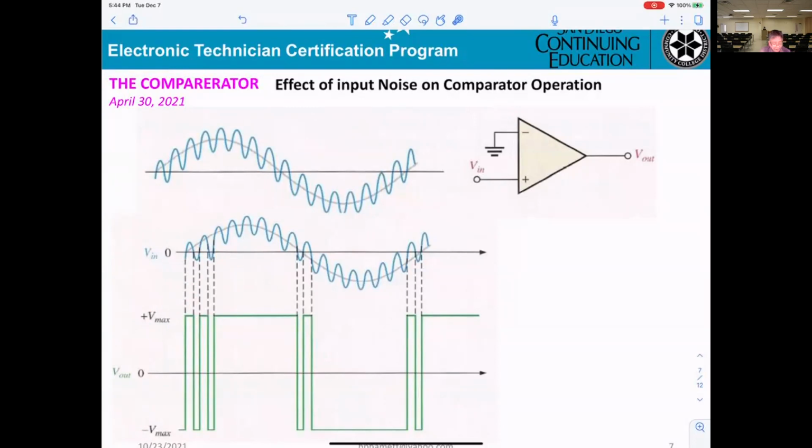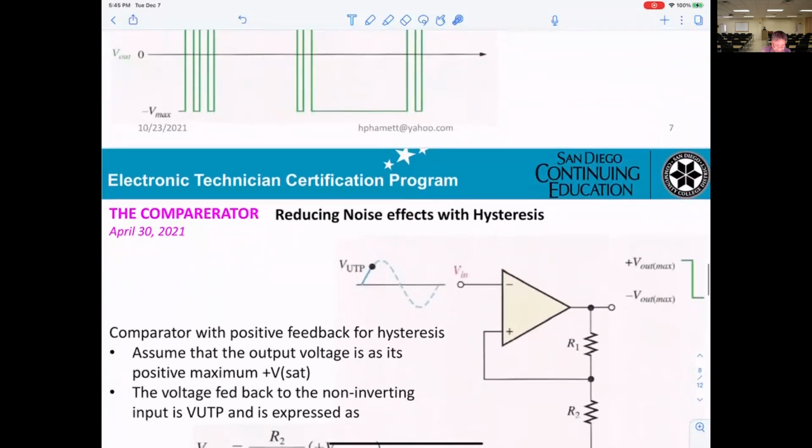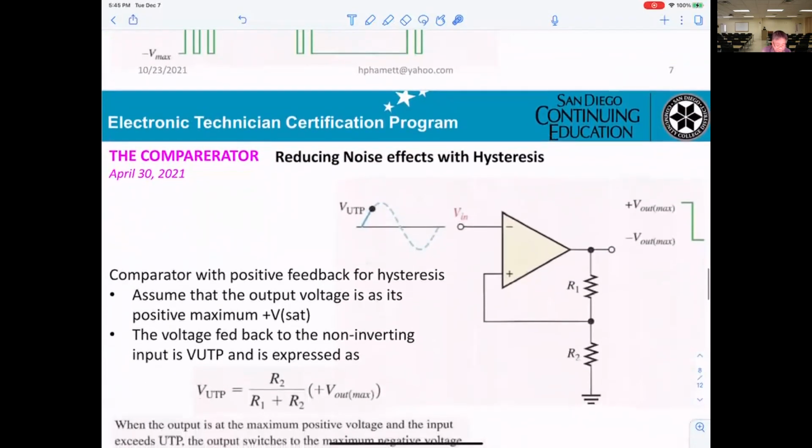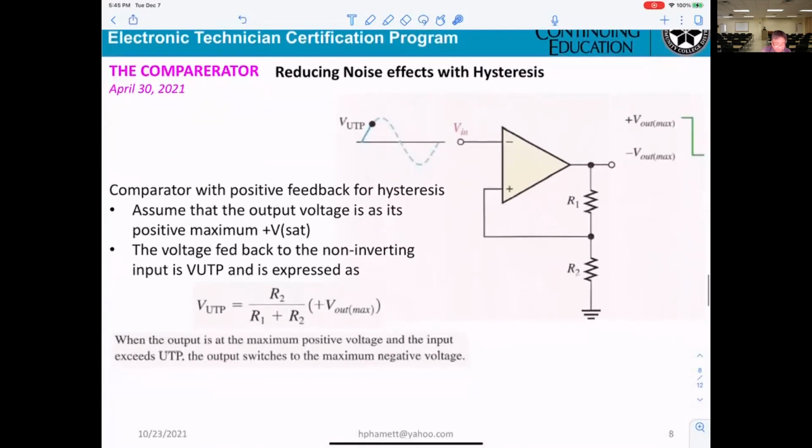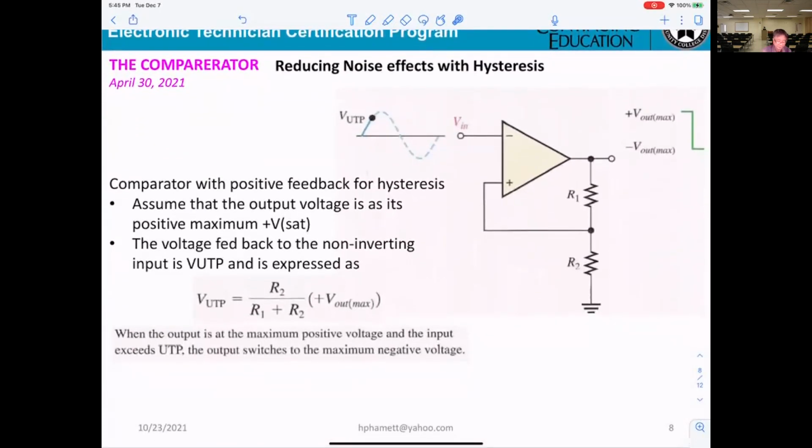I believe they have some more explanation. Let's see here. Reduce the noise effect with hysteresis. Comparator with positive feedback for hysteresis: assume that the output voltage is at its positive maximum, plus V saturation.